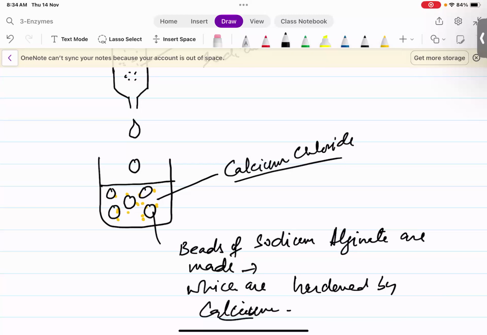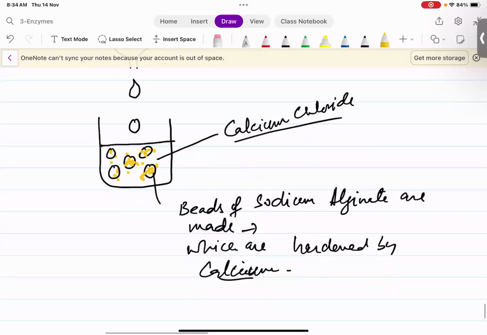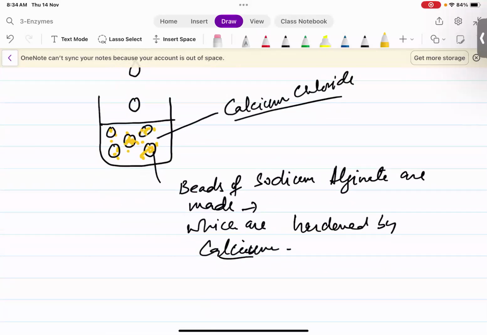So calcium from calcium chloride diffuses in, and it replaces sodium from the sodium alginate, and the calcium is deposited in these beads, and these beads are hardened by this calcium.